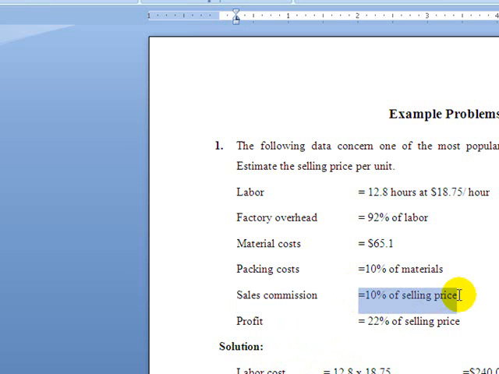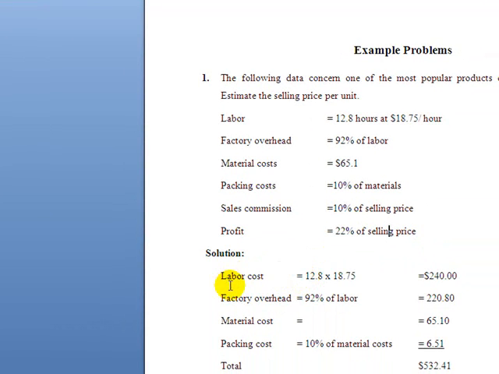So if we are selling the unit at $100, $10 basically goes to sales commission, right? And the profit is 22% of selling price. So if you are selling something at $100, you are expecting $22 profit per unit.